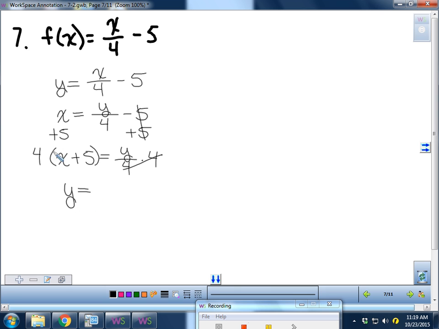So I have y equals, I have to distribute. 4 times x is 4x. 4 times 5 is 20. Now I am fully simplified. Y is by itself, so I will replace it with inverse function notation. F inverse of x equals 4x plus 20.